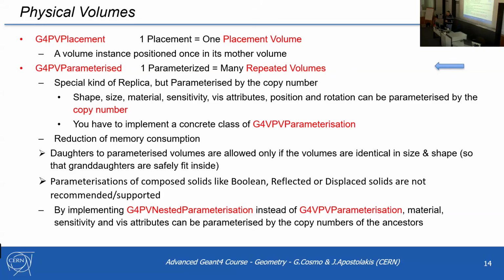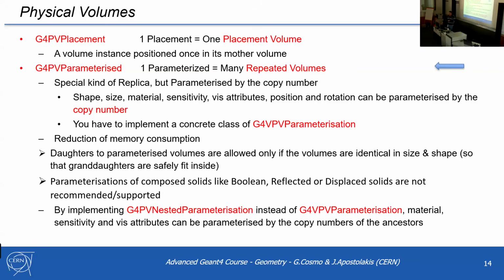So those parameterized volumes are allowed only if the volumes are identical in size and shape to the mother. Parameterization of composed solids like Boolean, reflected, or displaced solids is not supported, given the complexity that this may imply.